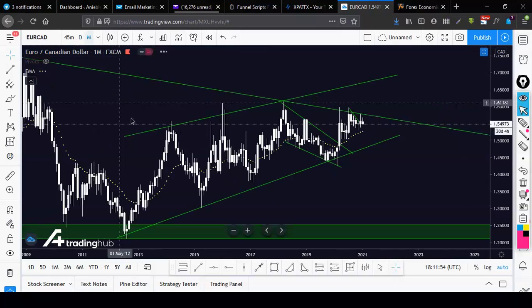Eurocard, I've not actually taken a position on this since November, but the monthly structure is still valid. You can see now, the structure is still valid on the monthly.